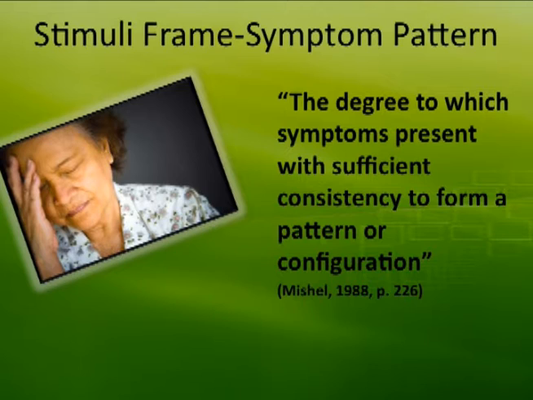Symptom pattern. Symptom pattern is the degree to which symptoms present with sufficient consistency to form a pattern or configuration. Inconsistent symptoms cannot be used to gauge the extent of an illness.